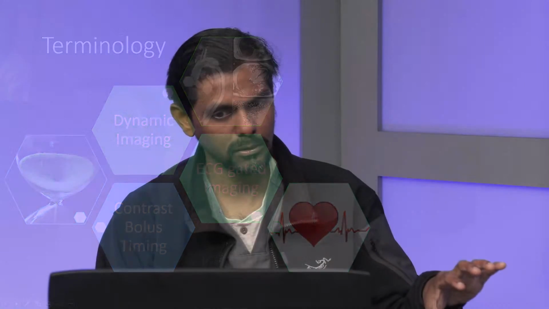The other aspect to look at is that there is going to be a lot of differential flow in the true lumen and the false lumen, so we have to get our contrast bolus timing right. We are going to look at these images in terms of contrast bolus timing, what we call time-resolved angiography.